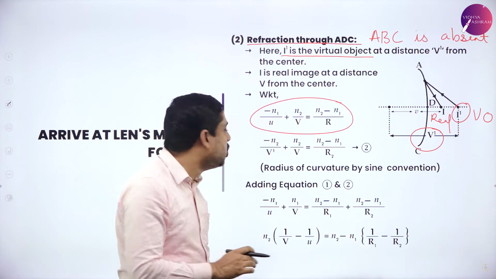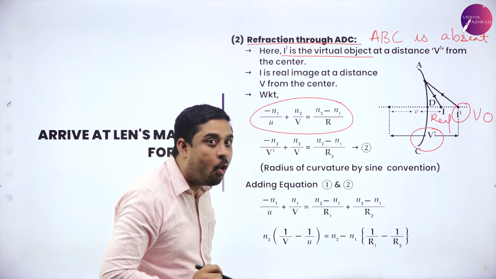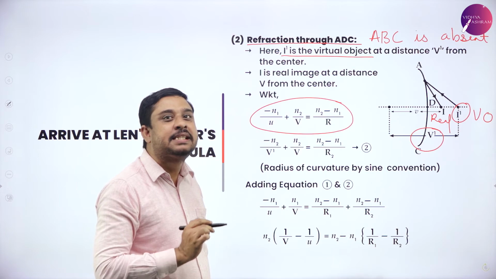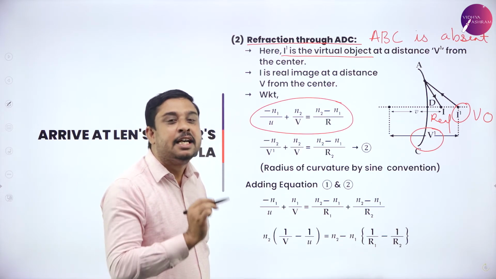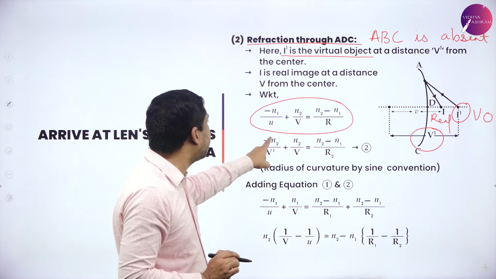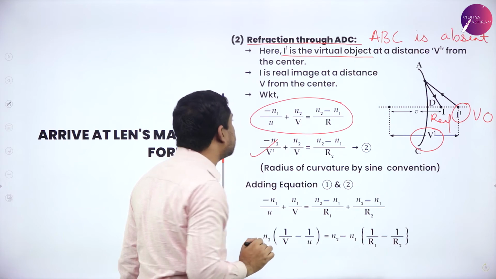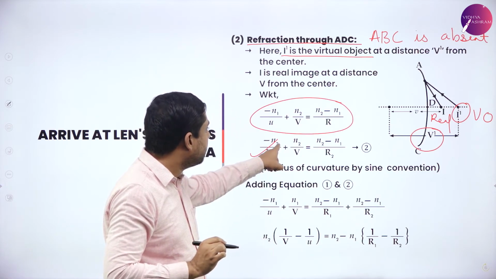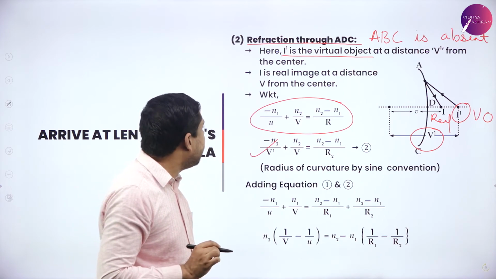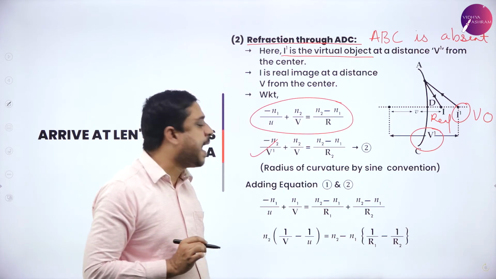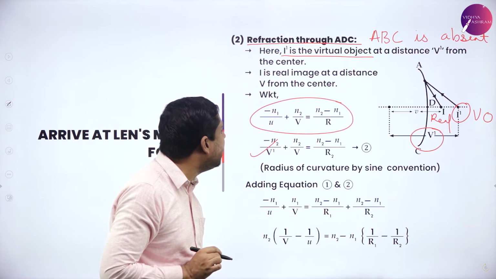So I assume N2 now is the medium carrying the virtual object. So N2, object distance V dash, plus I is the real image. Again, who is causing the real image?